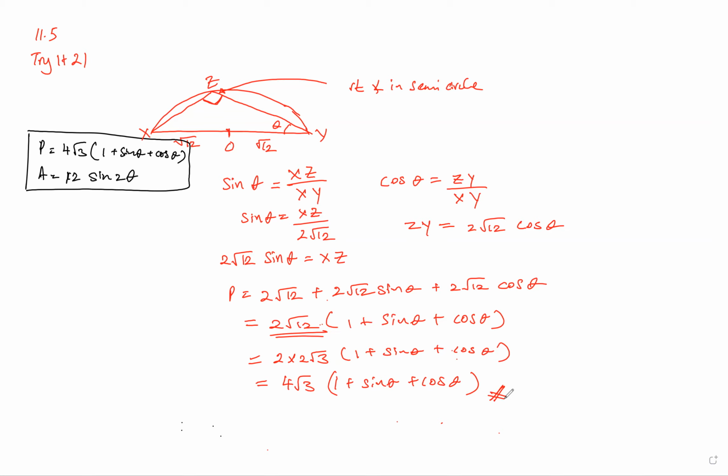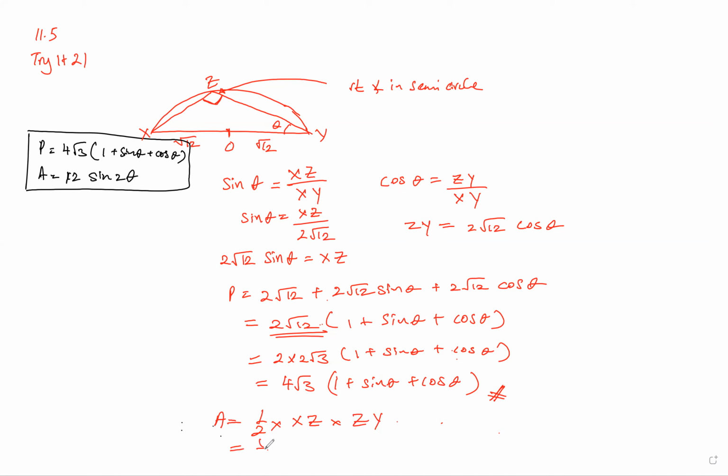Now we need to find the area. Area of triangle. So this is a right angle triangle, so you can have more than one way of doing it. The more simplistic way is area equal to half times XZ times ZY, length times breadth.